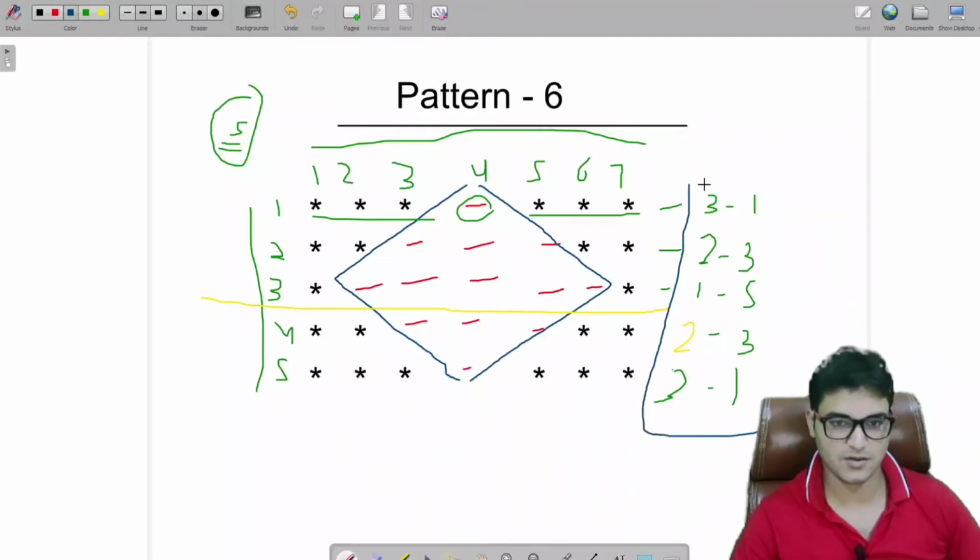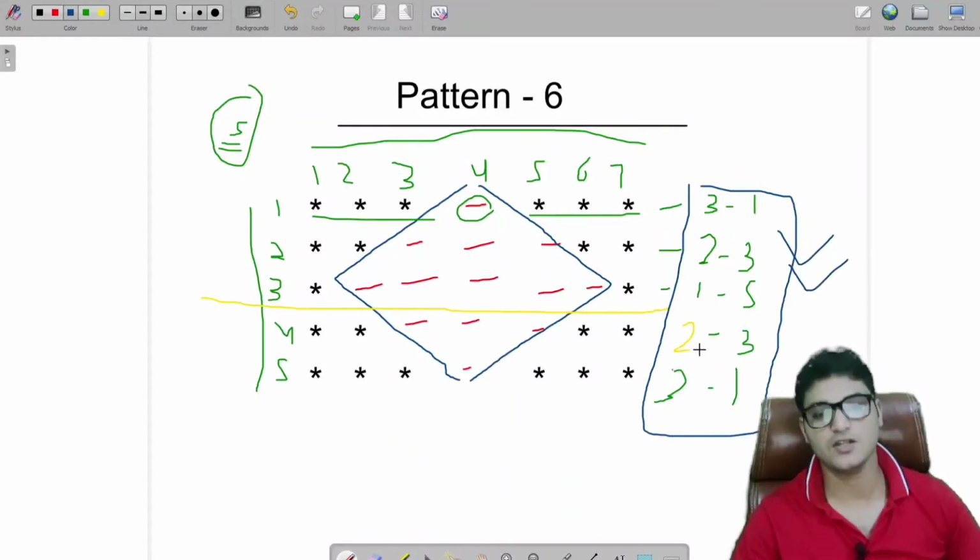Our logic is hidden only in these numbers. I have already explained, we need to think about only these numbers: how many stars we have and how many spaces we have. This will make you build the logic for any kind of star printing. Fine.